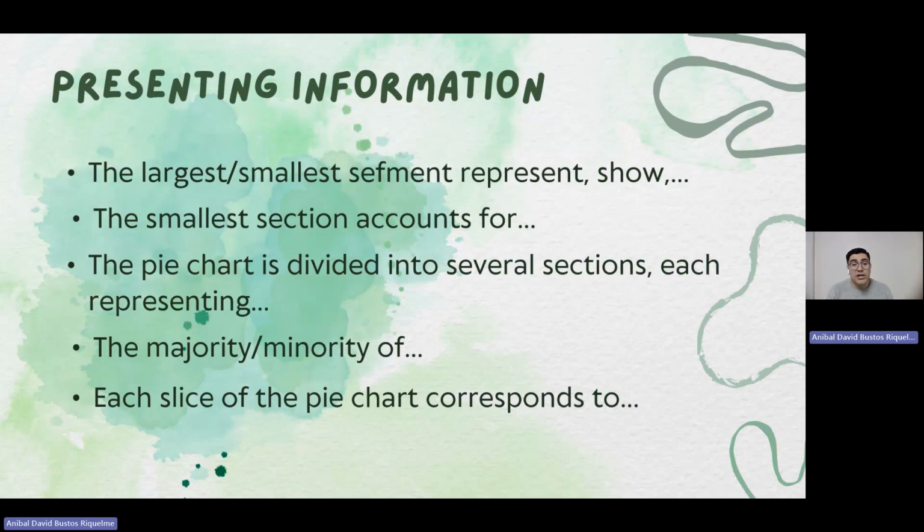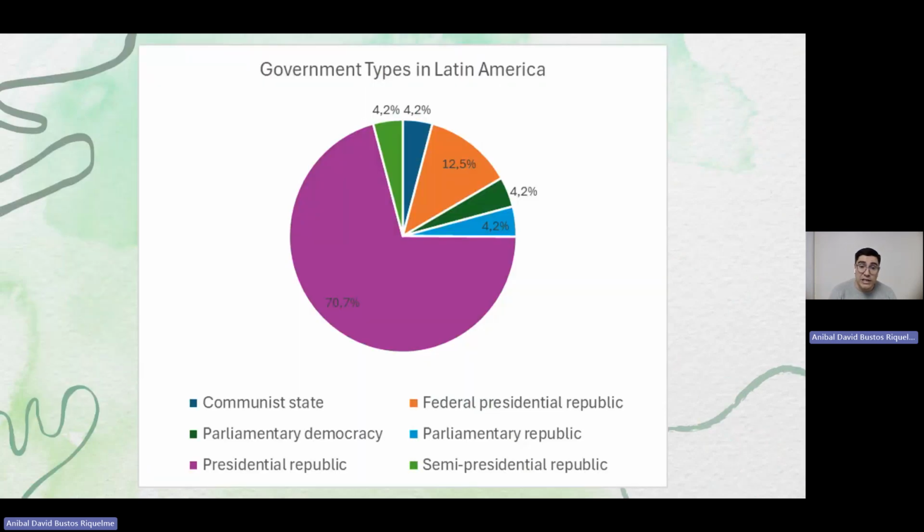We can say this pie chart is divided into several sections, each representing, este pie chart está dividido en distintas secciones, cada una representando, in this case, the different government types in Latin America. We can say the majority or the minority. For example, in this case, the majority, which is this purple area, the majority of the government types in Latin America correspond to presidential republics.